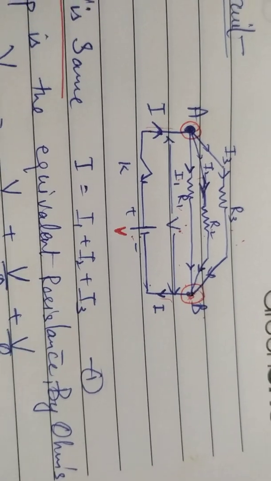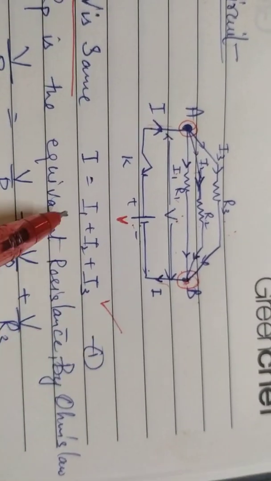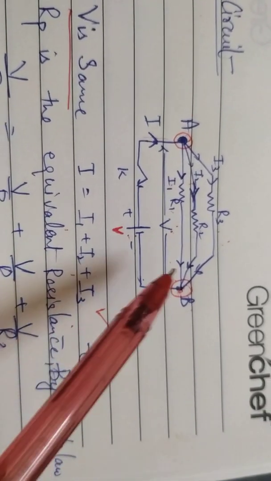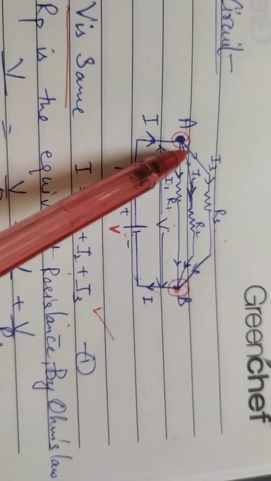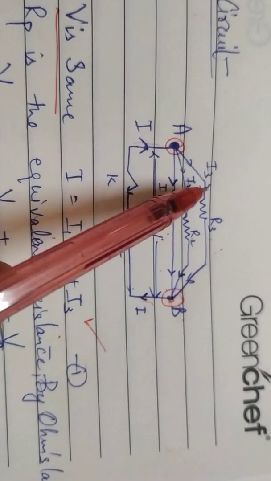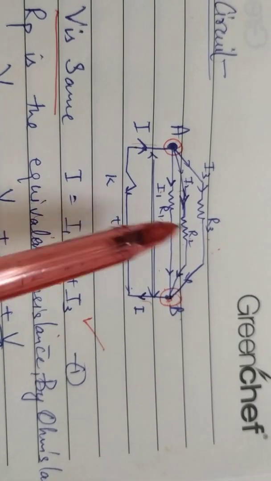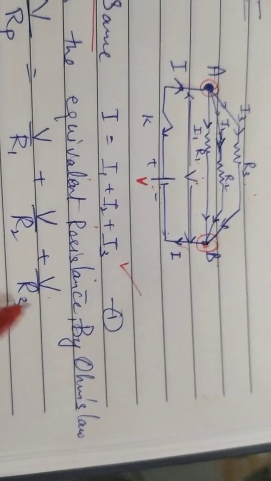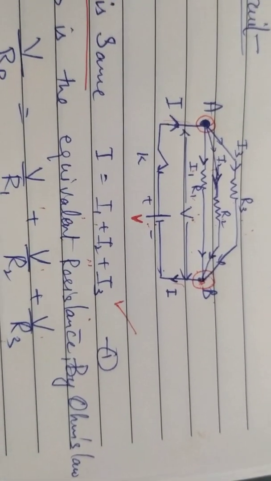Then it means in parallel we start with the discussion of I equals I1 plus I2 plus I3, and we will apply Ohm's law in each of the arms. Now I am interested to find out the potential difference or the current if I3 and R3 are given. If the potential difference is V, then I3 will be V upon R3, I2 will be V upon R2, I1 will be V upon R1.